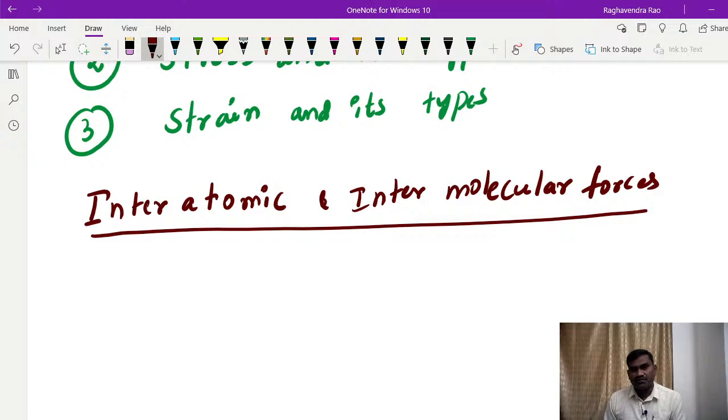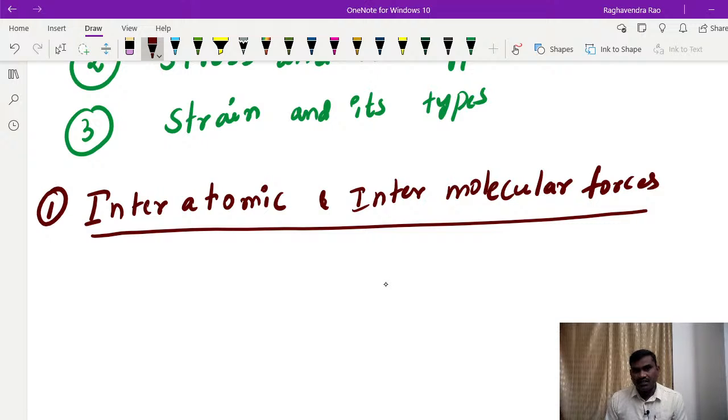Based on these forces, we can understand how solids are formed. For example, this is the first topic of the chapter. A solid is nothing but a collection of atoms that are very closely packed together. That is known as a solid.